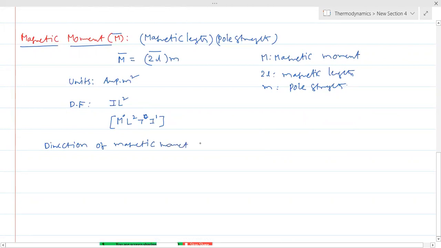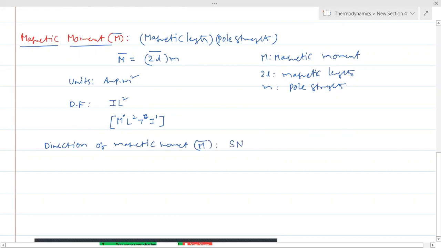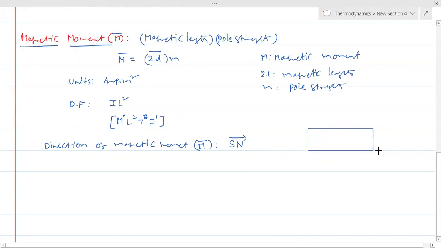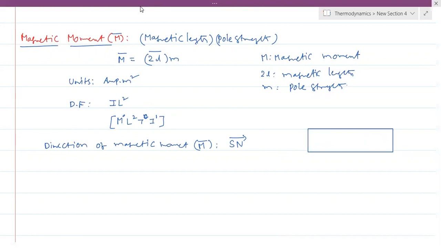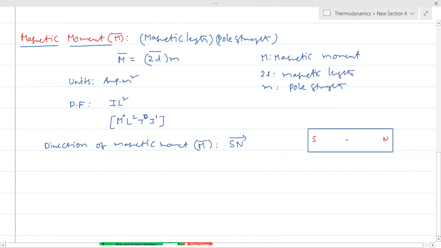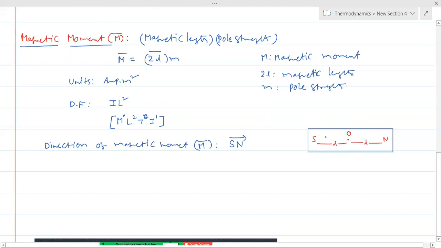The direction of magnetic moment M bar is always from south pole to north pole, S to N. For example, if we take a bar magnet like this, this is the south pole and this is the north pole. This is the center of the magnet, O. We know this length is L and this length is also L. So the direction of magnetic moment is from S to N, and this will be the direction of M bar.